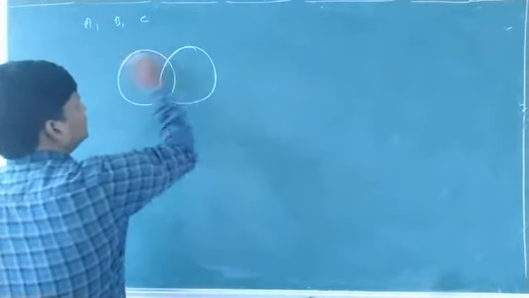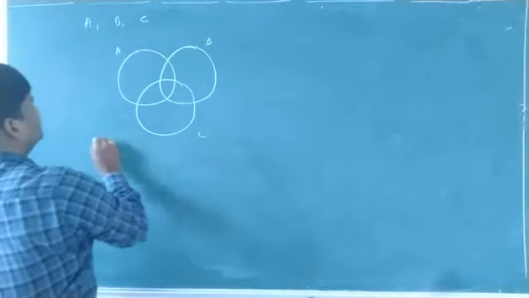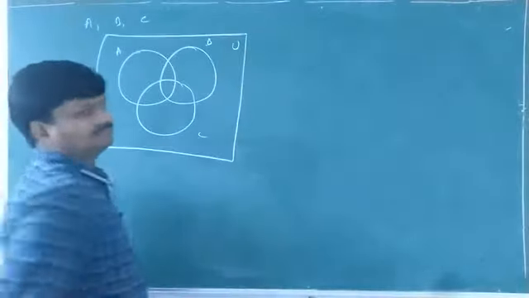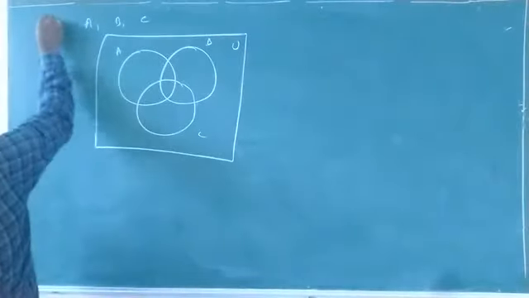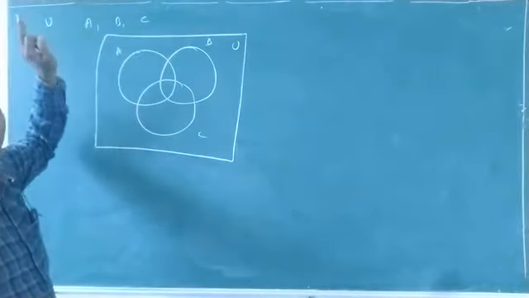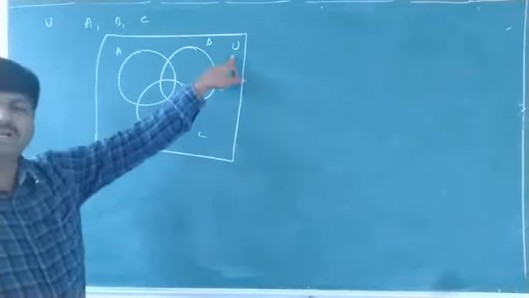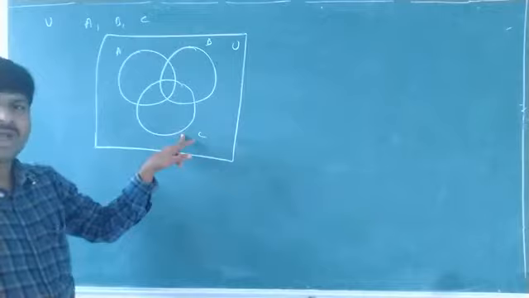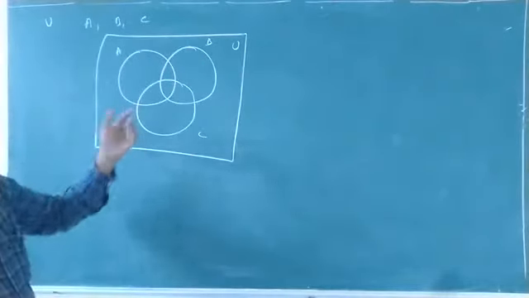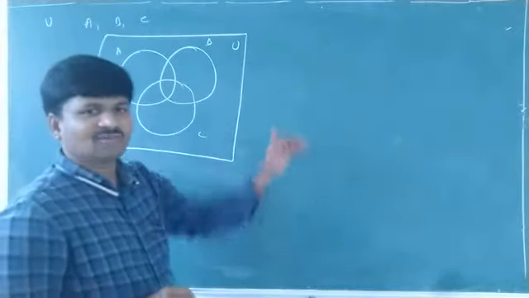Here U is a universal set, and A, B, C are subsets of U. Just observe here. From this Venn diagram only, I will get all the formulas.